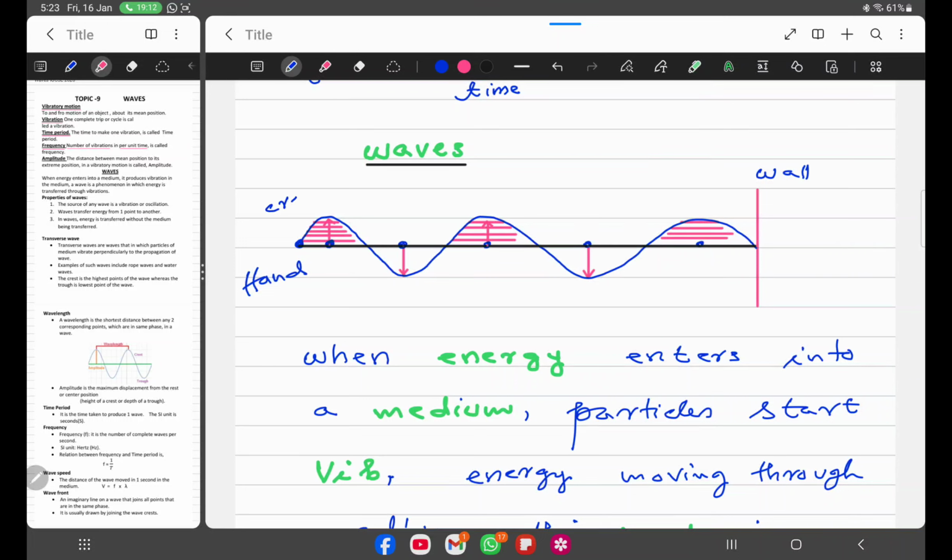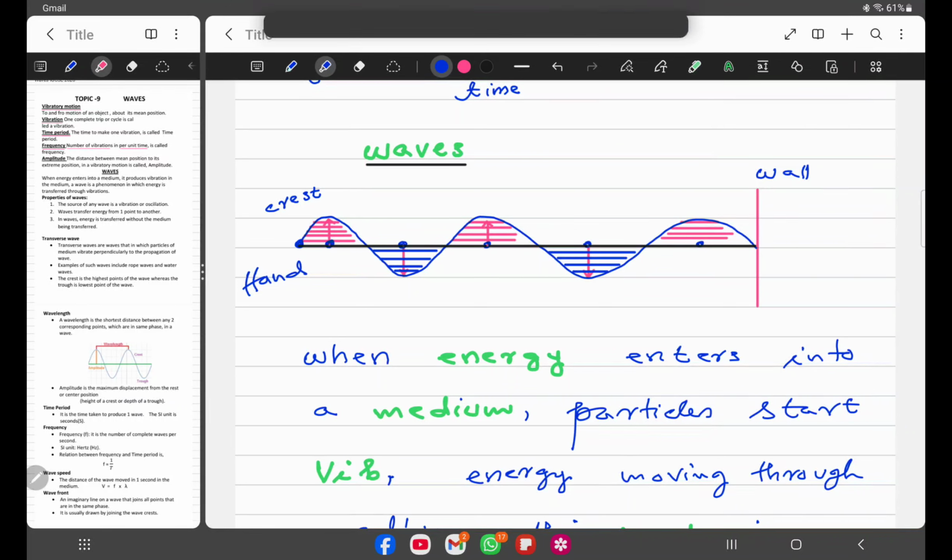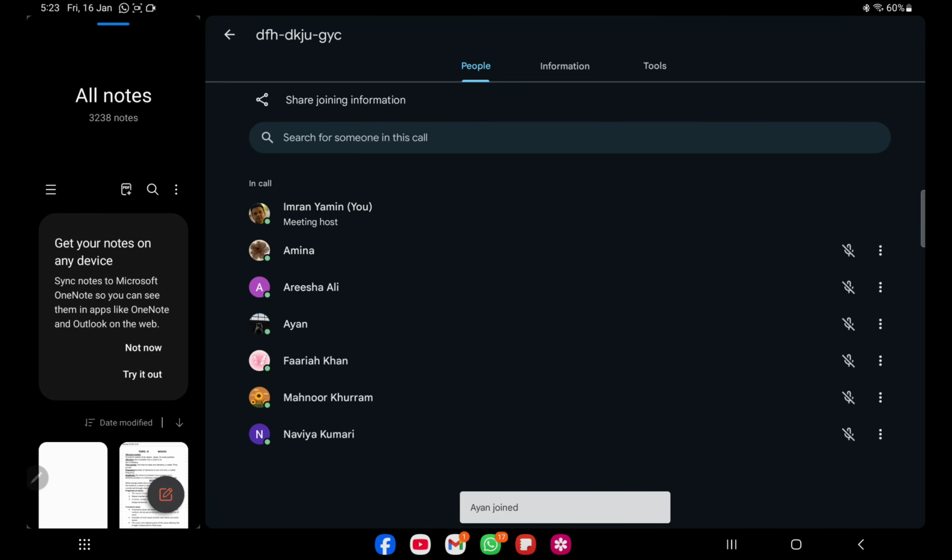And the portion of the wave which is below the mean position is called the trough.